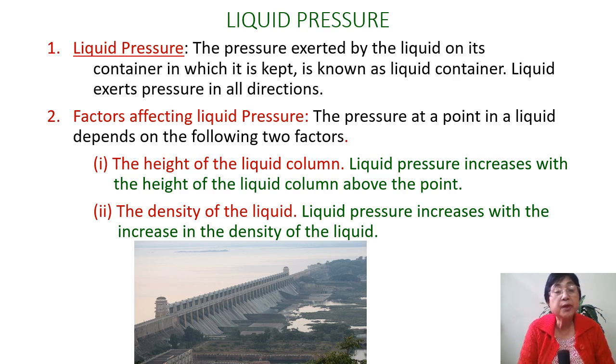So if water is accumulating here, then at the bottom, because of the height from the surface, the pressure will be more. In order to make the wall withstand this increasing pressure at the bottom, the wall of a dam is made broad and thicker at the bottom.